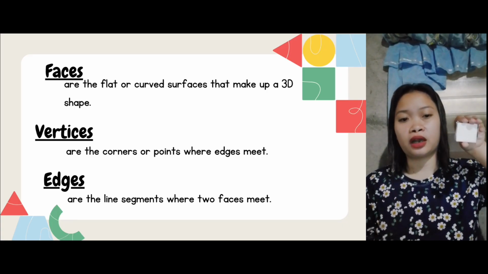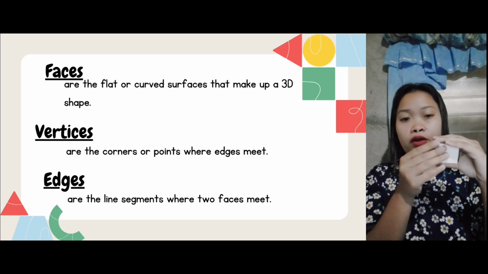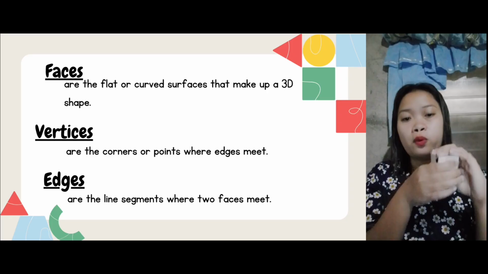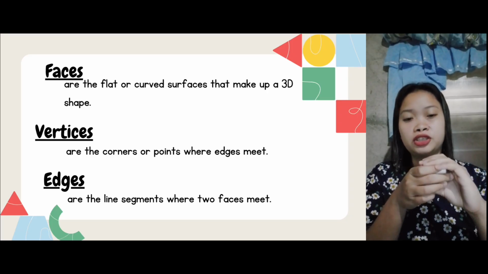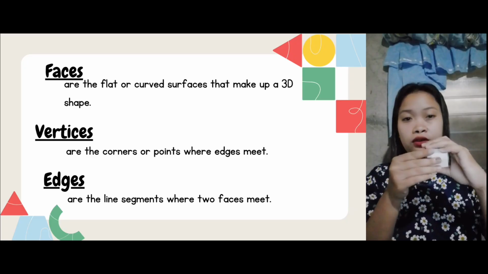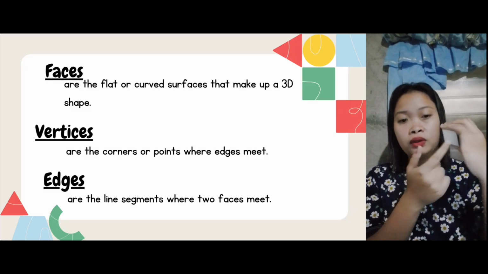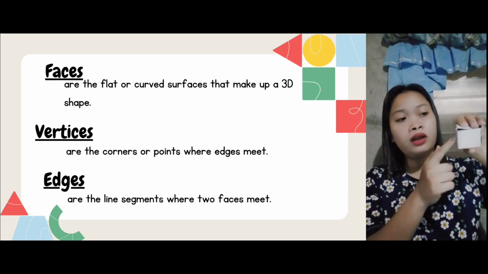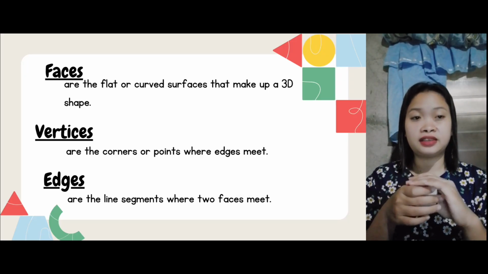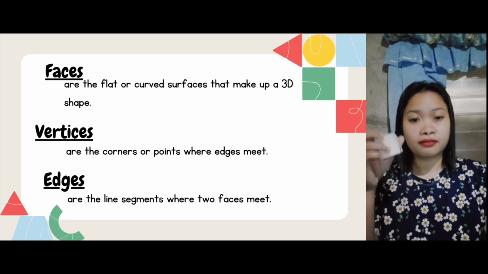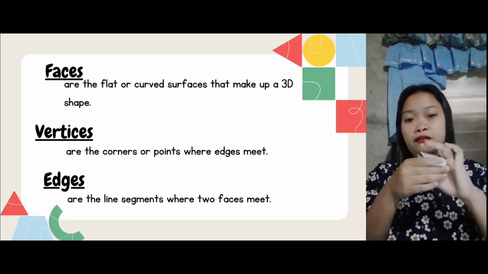So unsa man nga shape ang nakita sa cube? Di ba square ang shape nga inyong nakita? So ihapon nato pila ka square shape ang naa diri sa cube, kay mao na tanan ang iyang faces. Okay, so let's count. 1, 2, 3, 4, 5, 6. So, naay 6 ka faces ang cube.